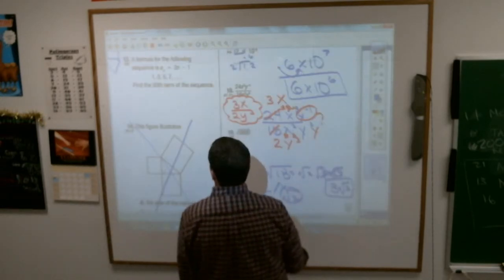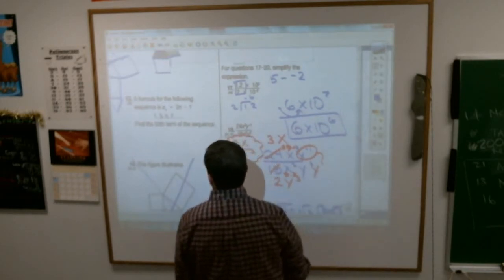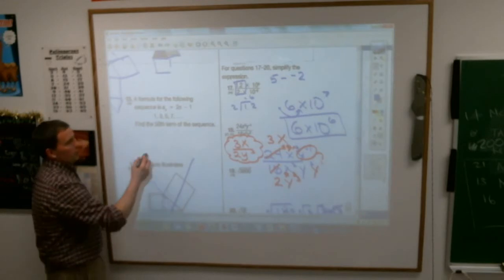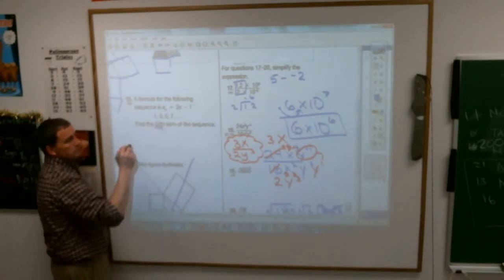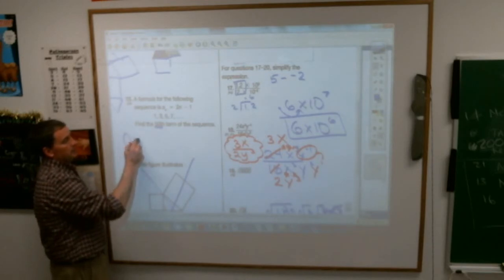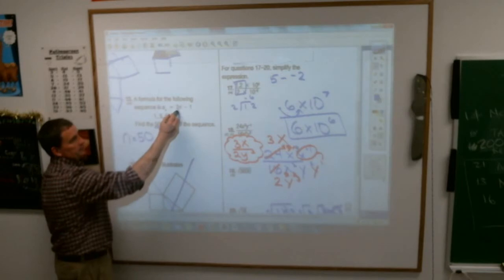What is number 13? A formula for the following sequence is given; find the 50th term. Whatever number they give you is the letter N, so you need to put that in for the letter N right here.